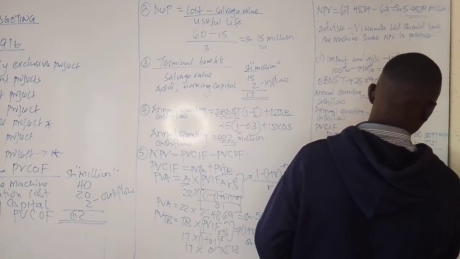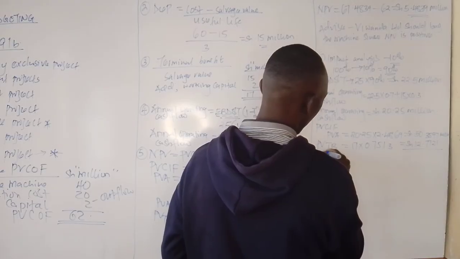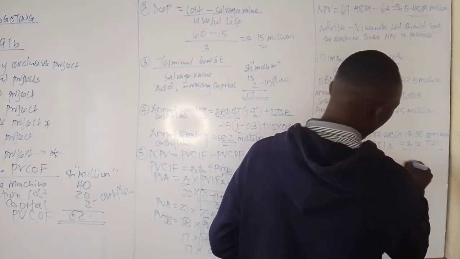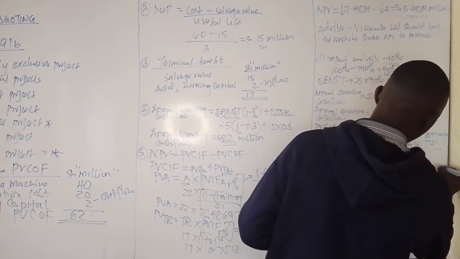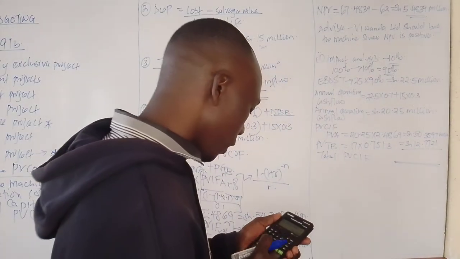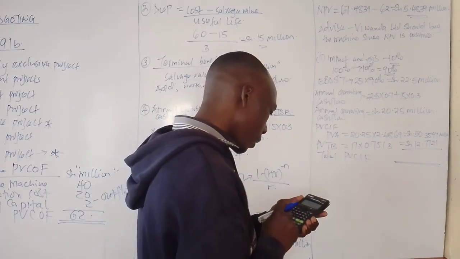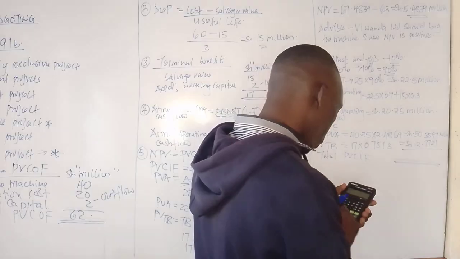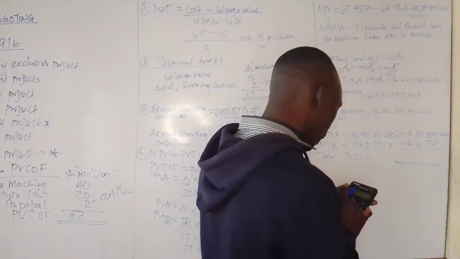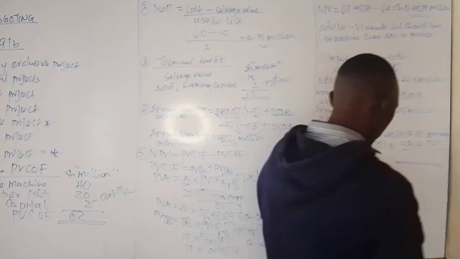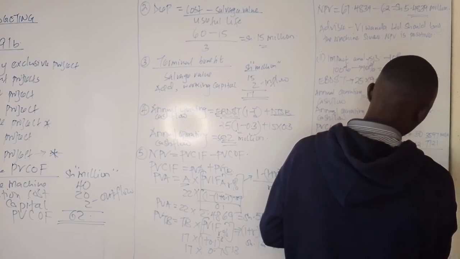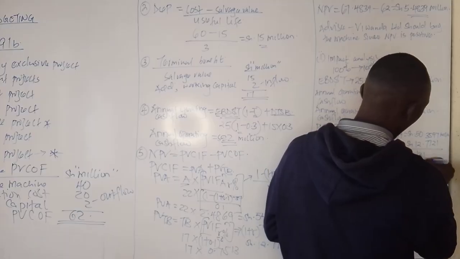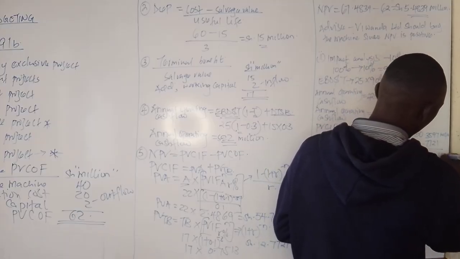Then we accumulate, for us to get the total present value of cash inflow. So if we accumulate, how much are we going to get? It will be 50.3597 plus 12.7721. In this case, we will get shillings 63.1318 million.